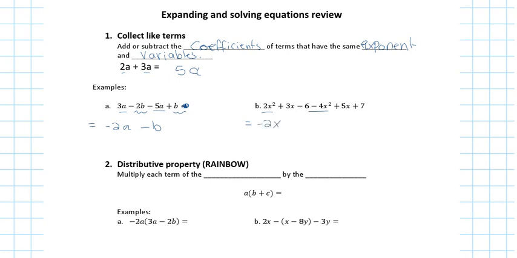So you see that I'm only adding and subtracting the coefficient. I'm not touching my terms. I'm not touching the variables. Okay? Then you have plus 3x plus 5x. Negative 6 plus 7 plus 1.